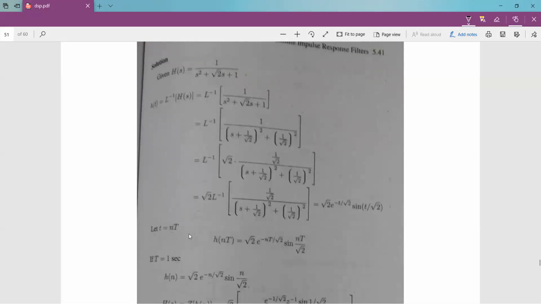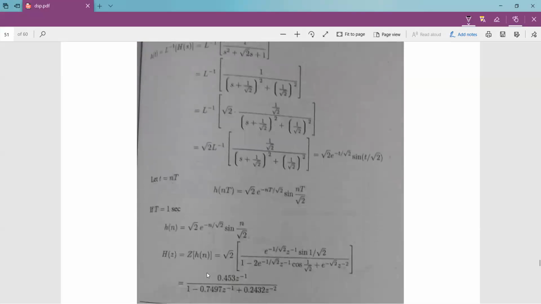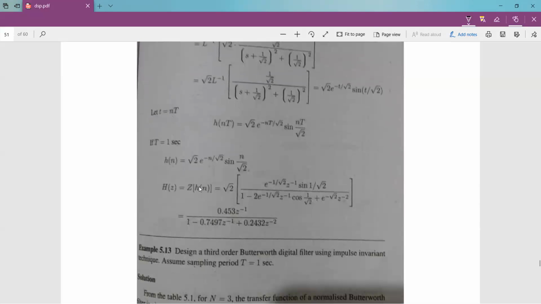After that, sample it for the given sampling time. Here time t is given as 1 second. So put that value in this, and after obtaining hn, you can find the digital form by taking the z transform of that. So any method you may use, whichever method is faster to calculate, that method you may use.